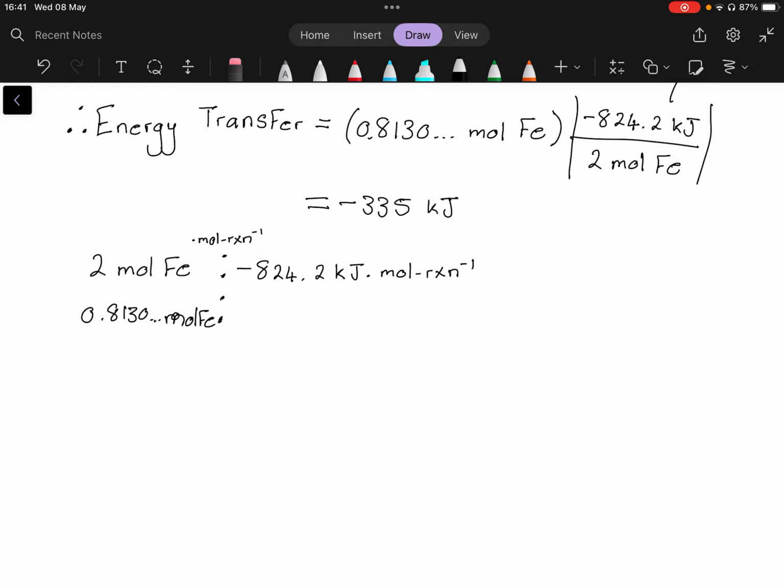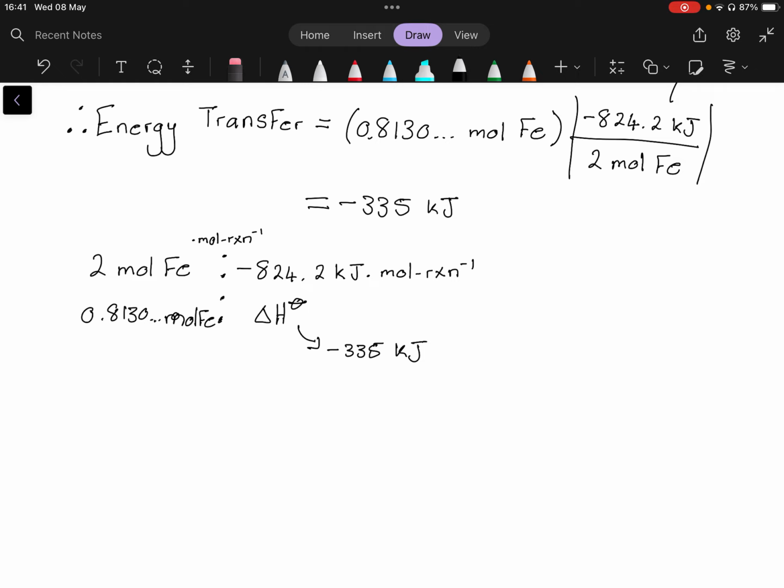So you just write mole iron, and then that means we're calculating delta H, not delta rH, we're just calculating delta H. Cross multiply, you'll see the mole reactions cancel, and you're going to be left with minus 335 kilojoule.